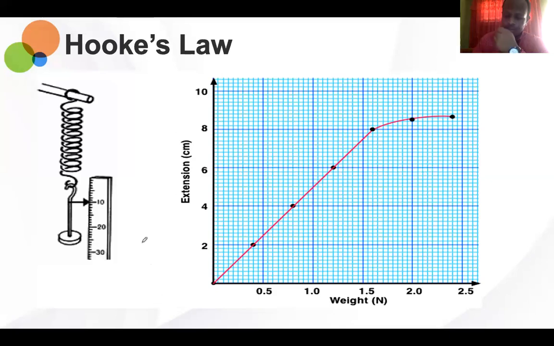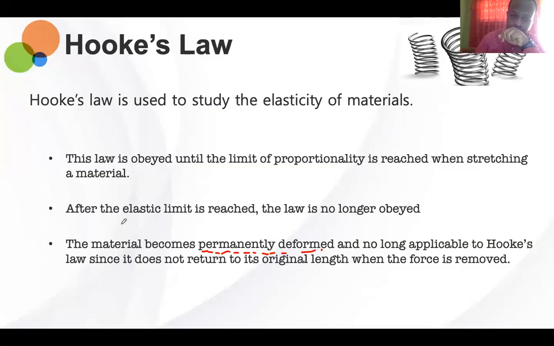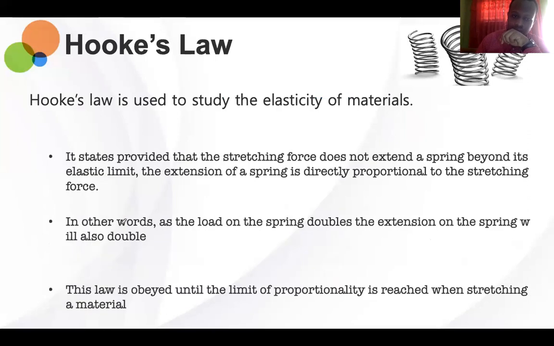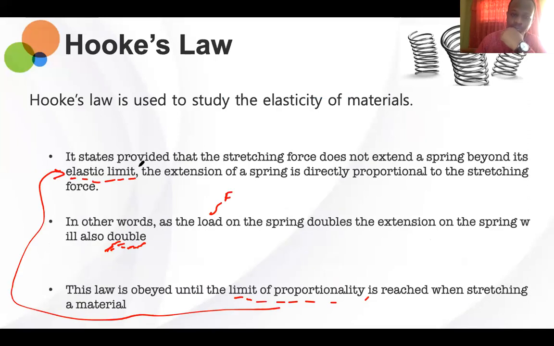Now, going back to our Hooke's law. So we said that Hooke's law states that, provided that the stretching force does not extend the spring beyond its elastic limit, the extension of a spring is directly proportional to the stretching force.